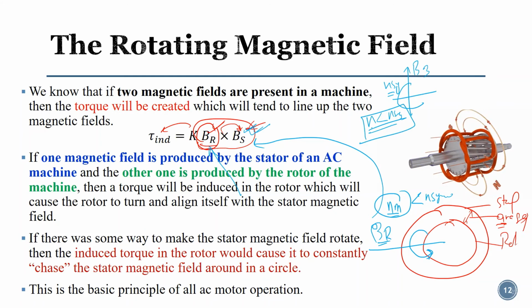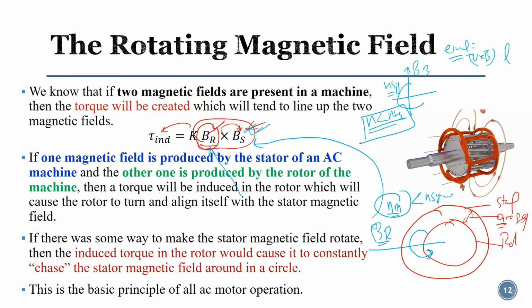Why? Because if the rotor starts rotating at the same speed as the synchronous speed, then the relative induced voltage is V cross B dot L. So if the rotor rotates at the same speed as the stator magnetic field, then the relative velocity between the rotor and the stator magnetic field is zero, because it becomes kind of stationary.